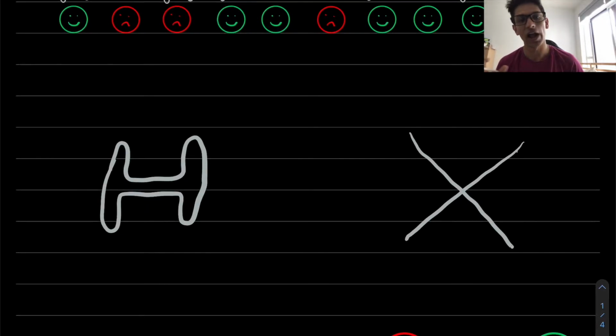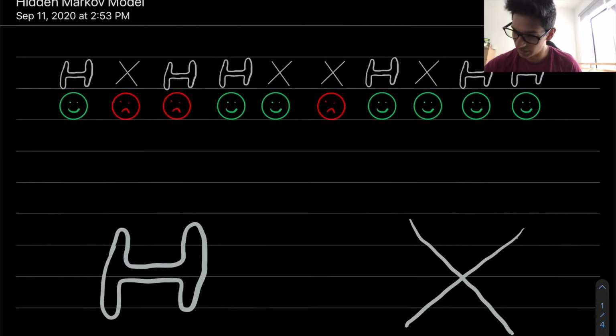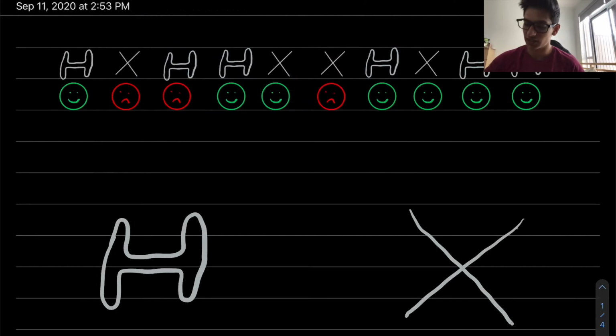First, let's look at the probability of him working out the next day, given that he exercised the current day. Actually, let's do this in blue. Here he worked out, but he didn't work out the next day. He worked out here, and then he did work out the next day. He worked out here, and then he did work out the next day.